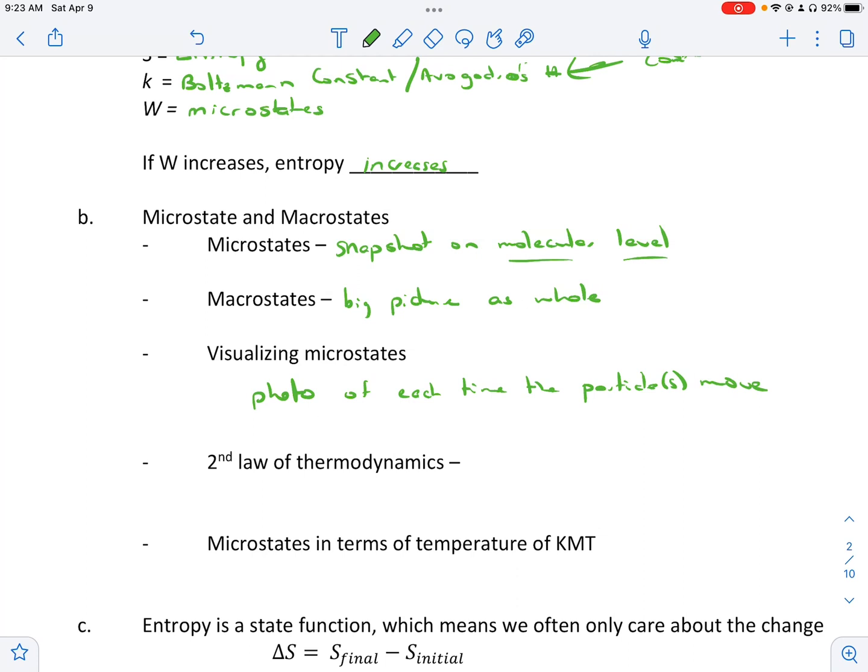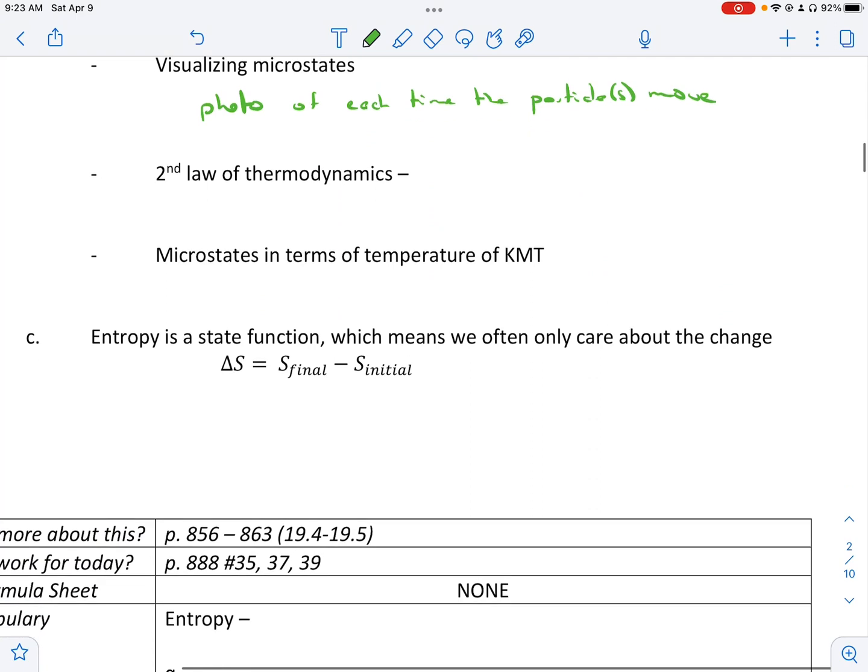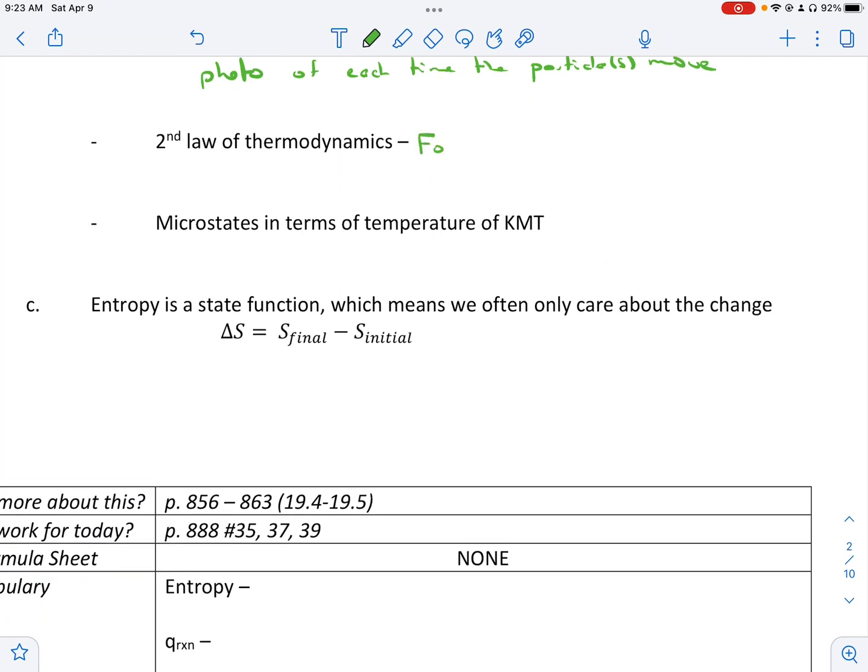All right, that brings us to our second law of thermodynamics. Our second law of thermodynamics says for any spontaneous process, the entropy of the universe increases.